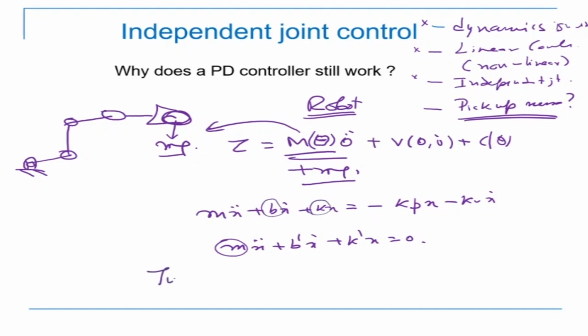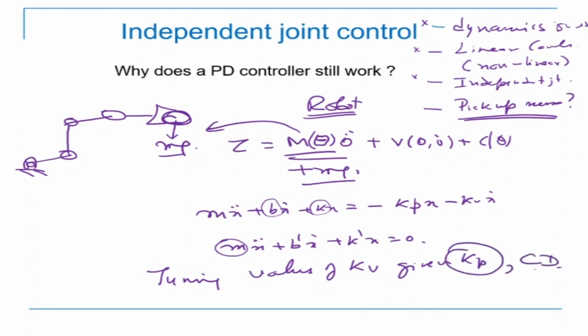So when I'm doing my tuning, finding the value of kv given kp, with kp given plus critical damping, these two things are given, I find what kv is. Now when I find kv, the m, b and k are fixed. You cannot change them, because if the m changes, the value of kv is going to change, the behavior of the system will change. I hope you understand what I'm trying to get at.